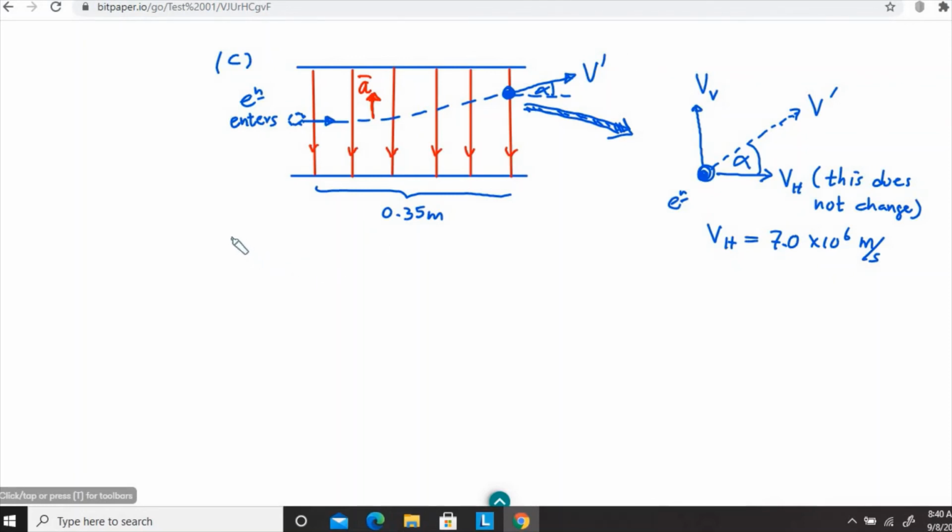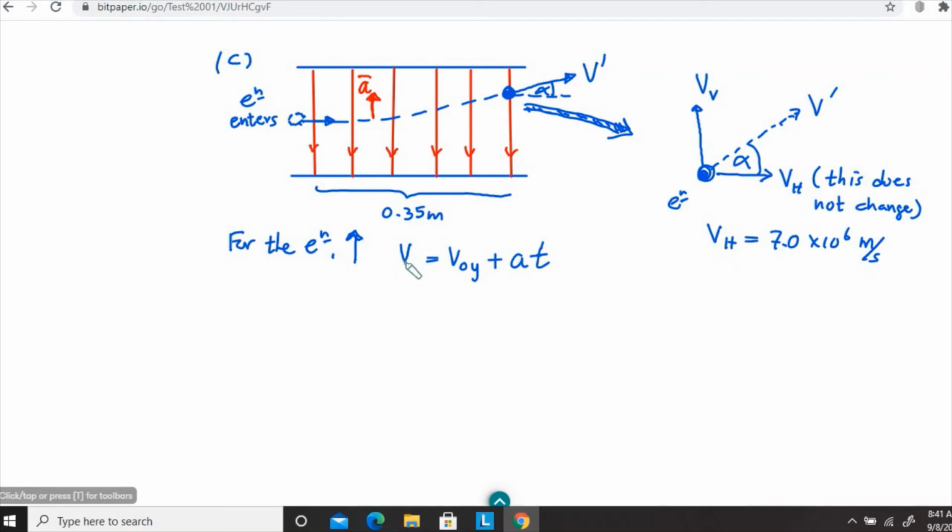We can apply for the electron, in the upward direction, V equals V naught y plus a t. This is also a kinematic equation from General Physics 1.